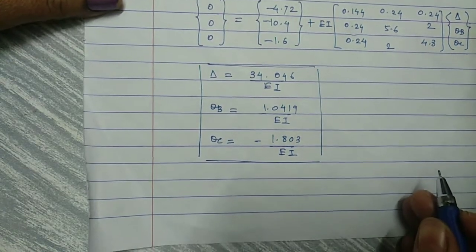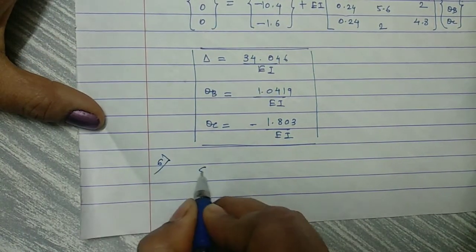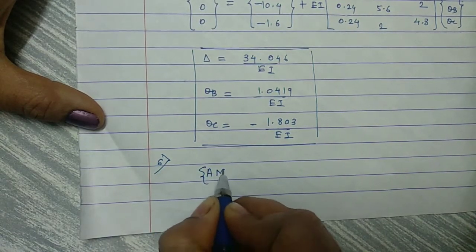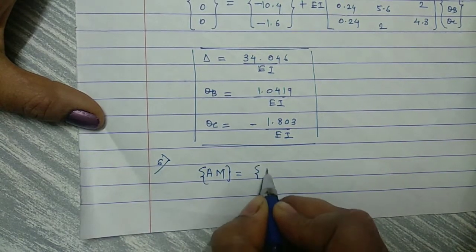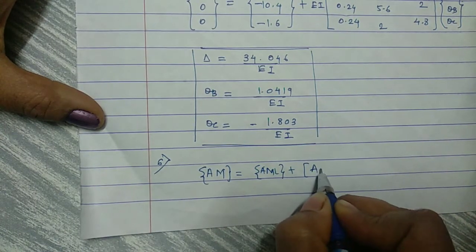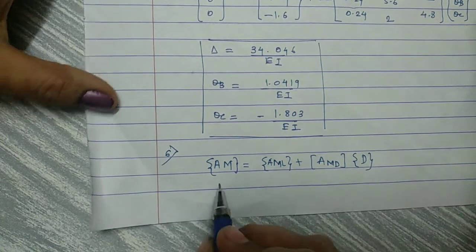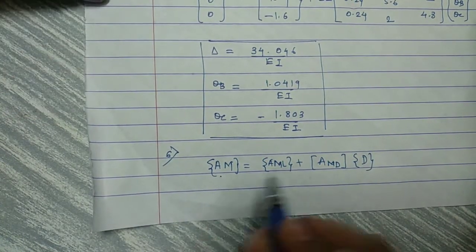Once these values are known, lastly you can apply the equation for calculation of moments, that is AM equal to AML plus AMD into D. So AM is all the unknown values.